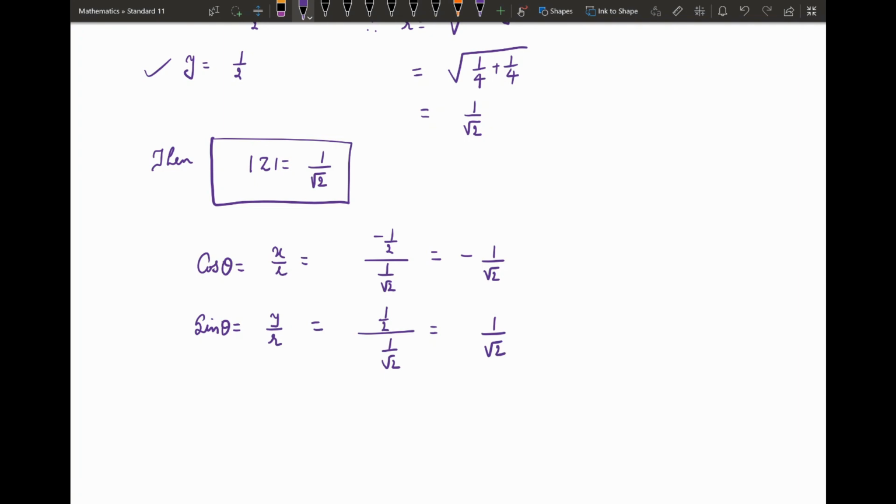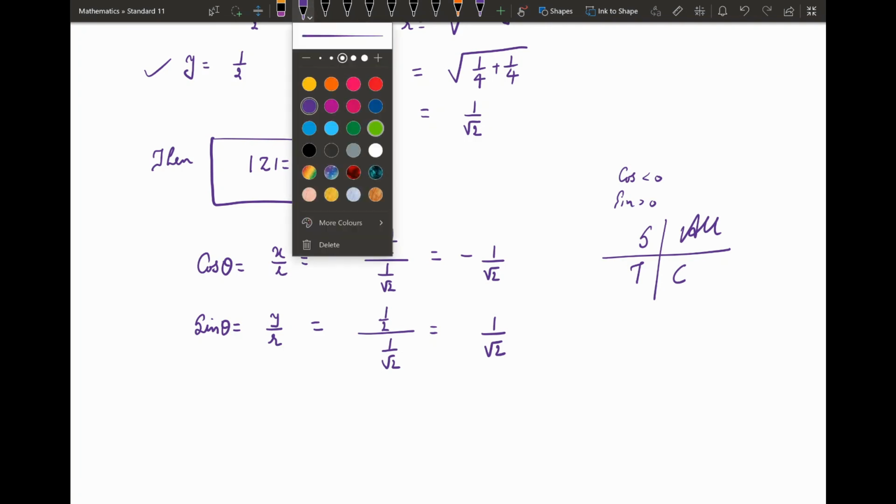You note that cos is negative and sin is positive, so it is in the second quadrant, by the rule all, S, T, C. Now we know how to go into the second quadrant.